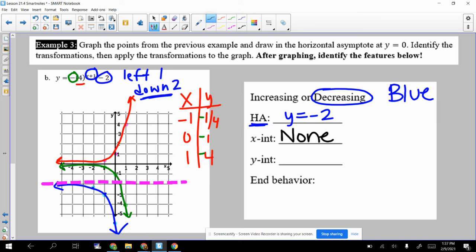Then our y-intercept, we can see here, if we kind of continue our y here, our y-intercept is at 0, -6. And then last, we just have to do our end behavior.